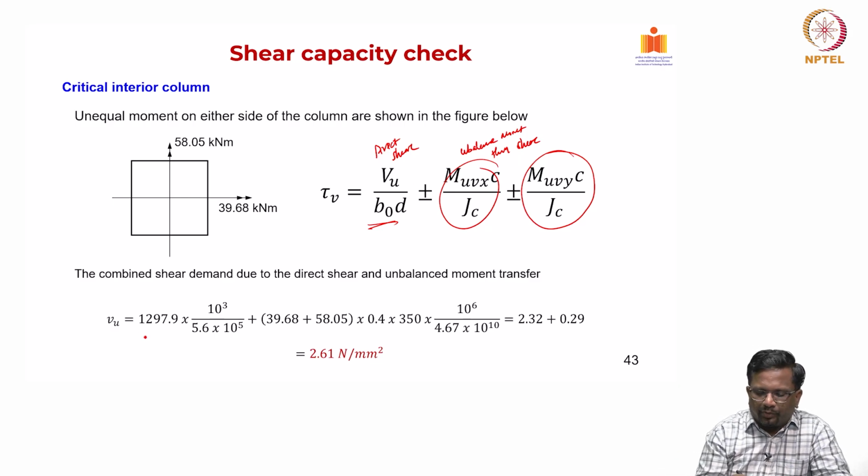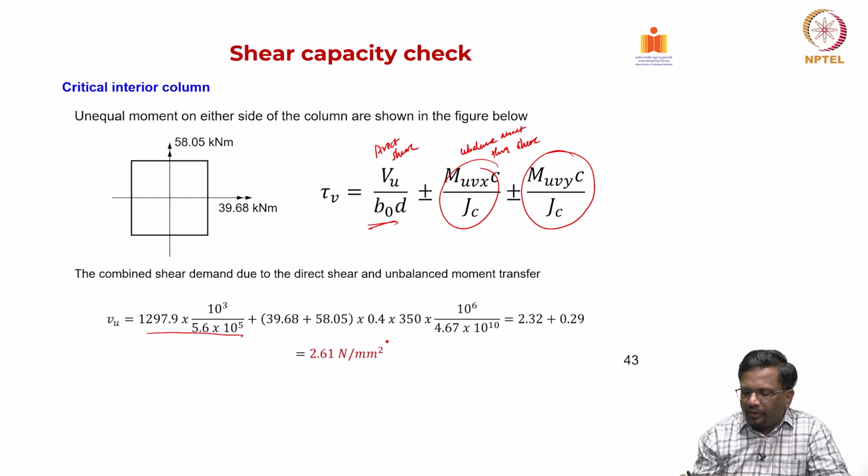So, when you substitute all these values, you get your direct shear plus these unbalanced moments. So, this is your Mu in the x, I should say Mu in the y direction. These are the unbalanced moments being transferred through shear.